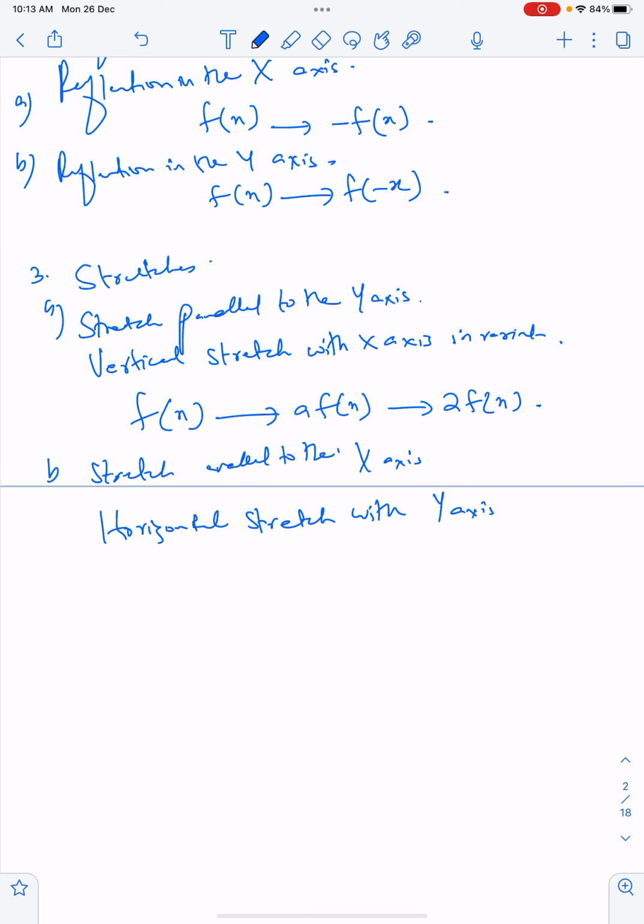In this case, y axis is the invariant line, any point which lies on the y axis will remain as it is. So, it will be written as f of a x.